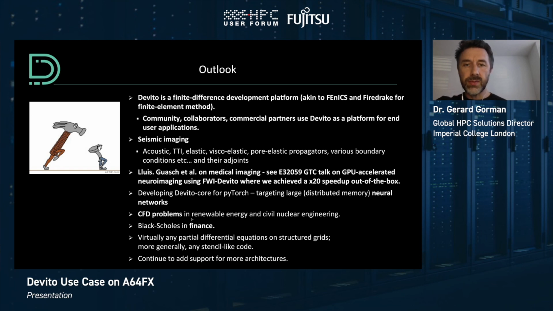We're also developing some CFD problems. It's on the roadmap to include support for implicit solvers, most likely done through PETSc using matrix-free callbacks. We also have an example with Black-Scholes for finance, and virtually all partial differential equations on structured grids that are stencil-like. And of course, we're continuing to support more architectures.